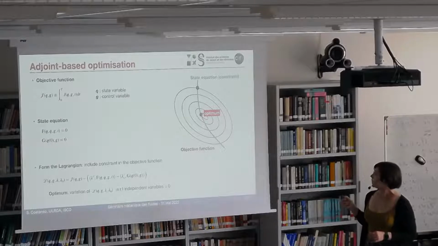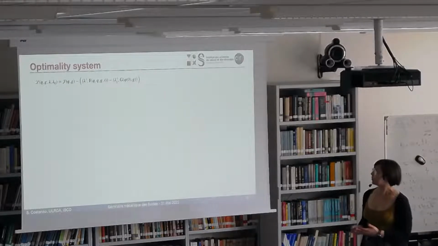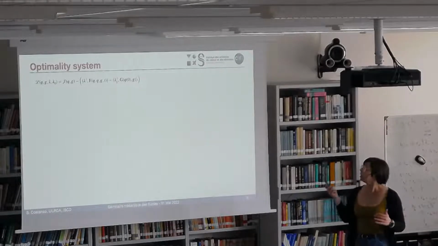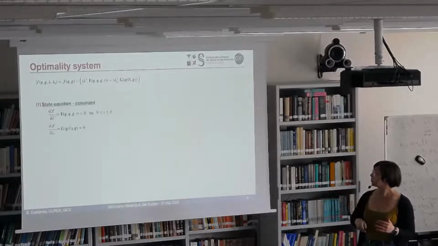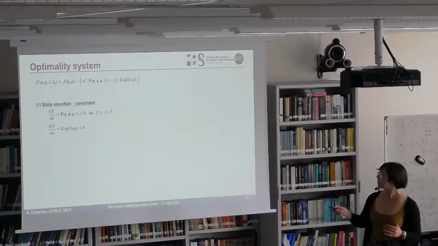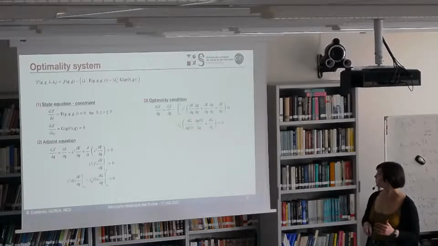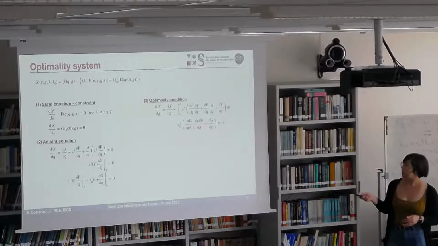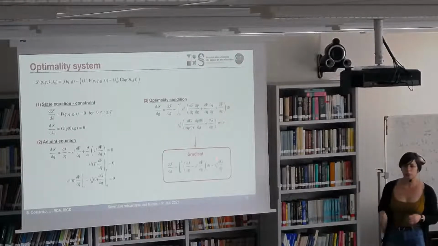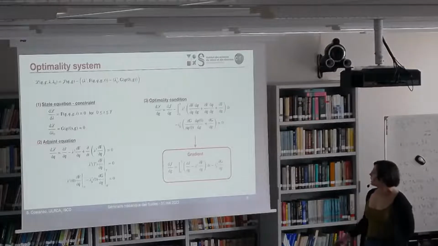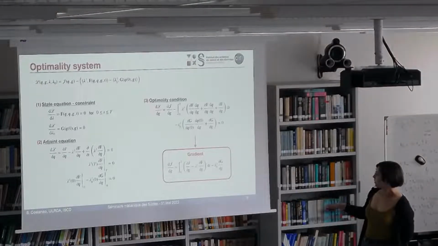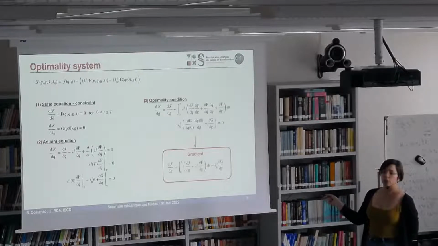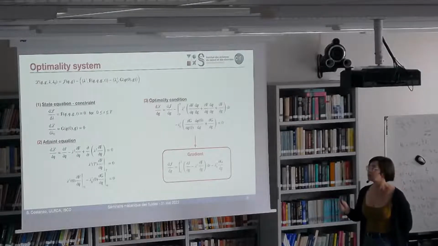For this, we take the variation of the Lagrangian with respect to the independent variables equal to 0, and we form the optimality system. So we get the state equation, the adjoint equation, and finally the optimality condition, which can be modified using the adjoint equation to get to the gradient. As we can see here, the gradient depends on the adjoint, which depends on the direct solution. So we need to solve the three equations to finally get to the gradient.